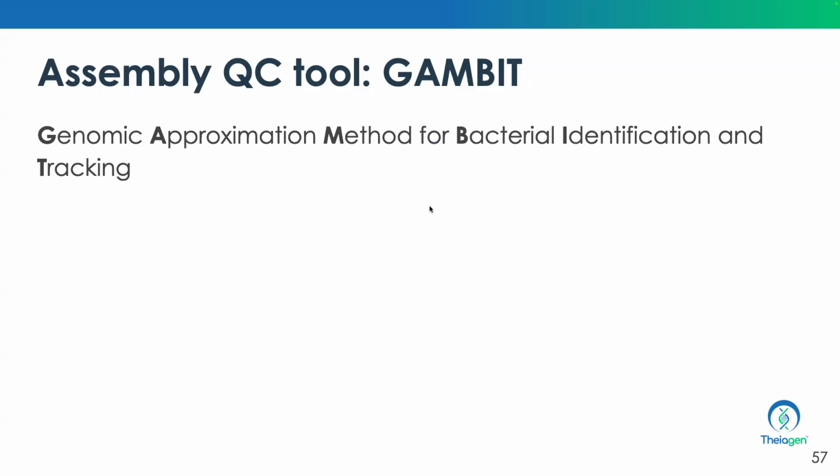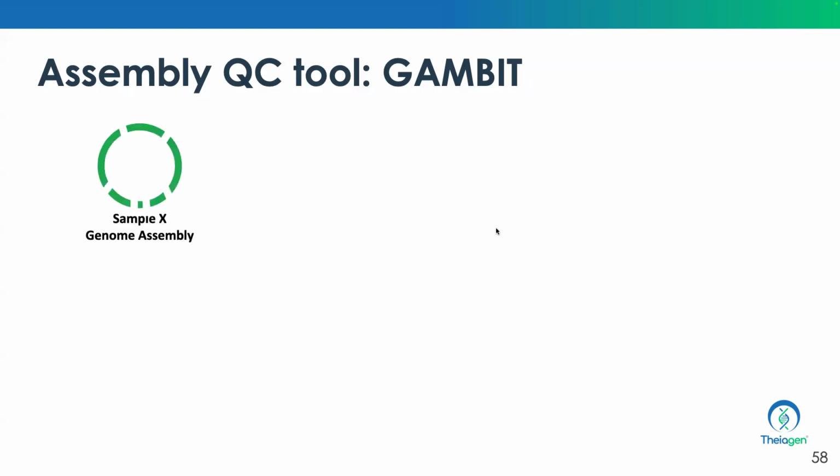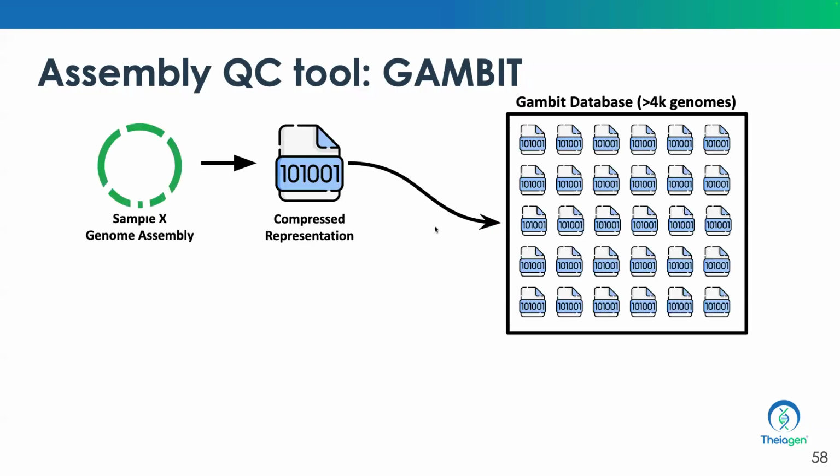We have a tool called Gambit, which the long form is Genomic Approximation Method for Bacterial Identification and Tracking. And this is for taxonomic identification. So what Gambit does is, it takes in your assembly, queries it against the Gambit database that has more than 4,000 genomes.